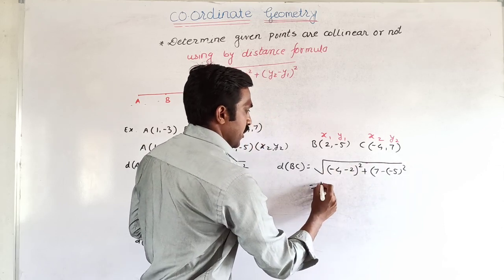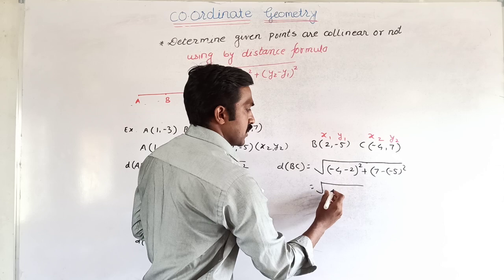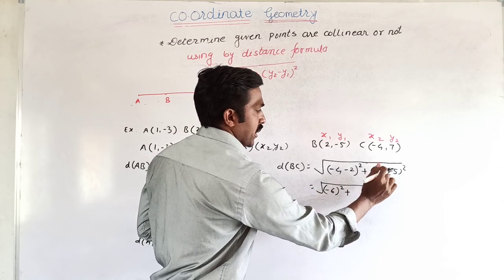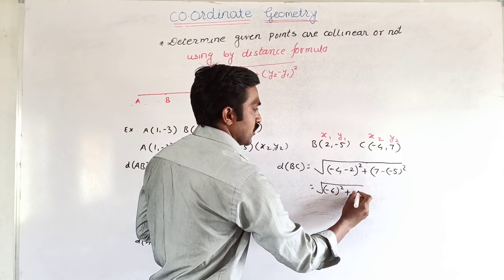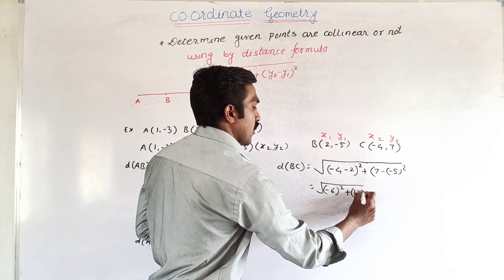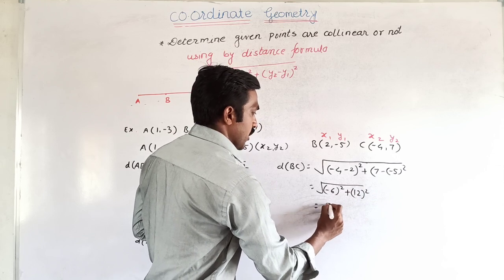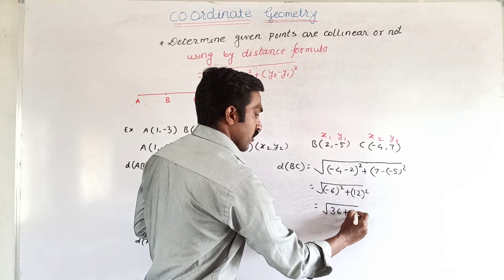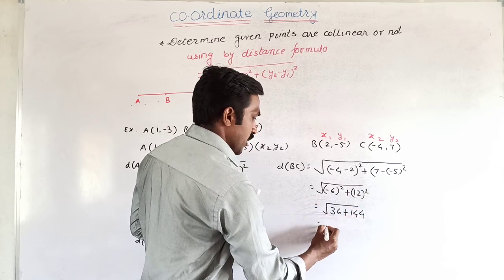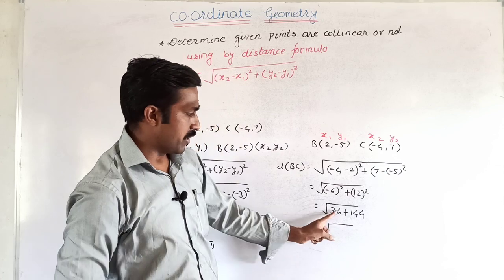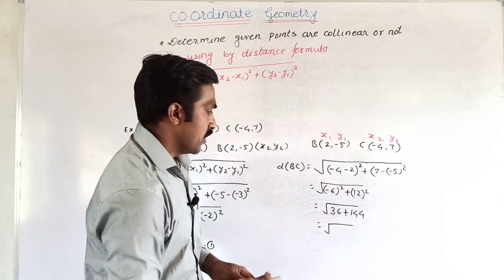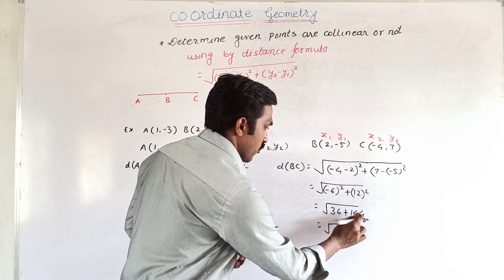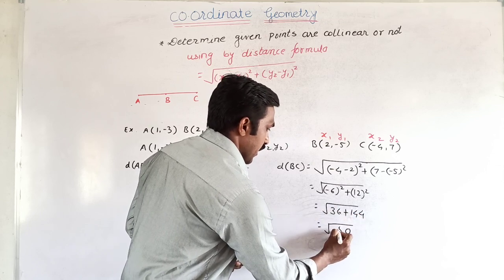Now calculate: root of (4 minus 2) square plus (7 plus 5), 12, whole square, is equal to root of 36 plus 144.